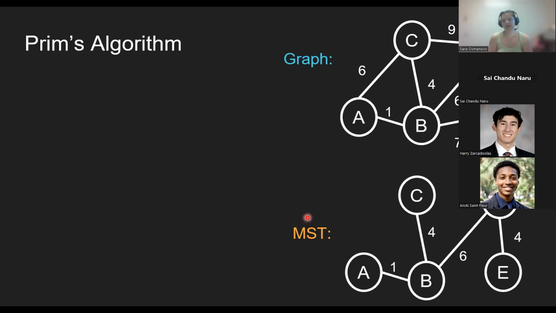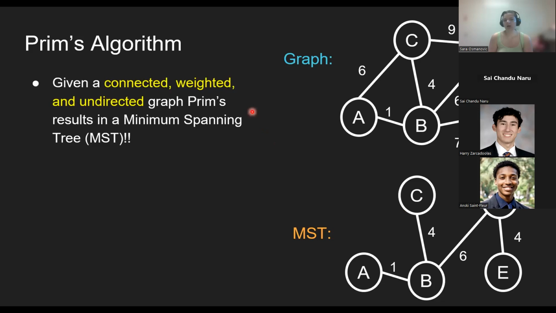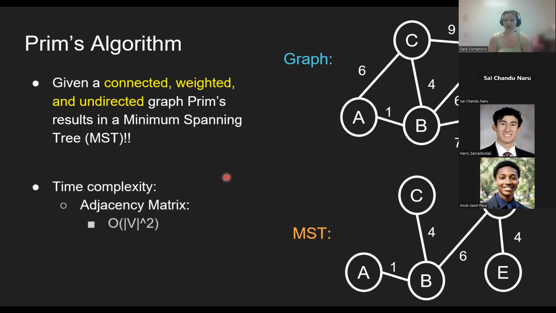So Prim's algorithm, once again, requires a connected, weighted, and undirected graph. The time complexity for an adjacency matrix is O(V squared), because you technically have to visit every edge, and in an adjacency matrix you have V squared values for edges.